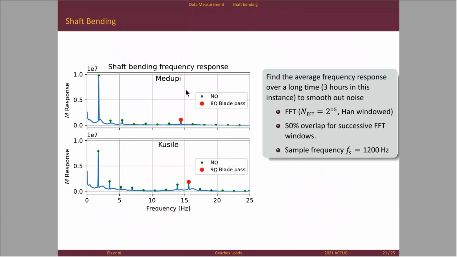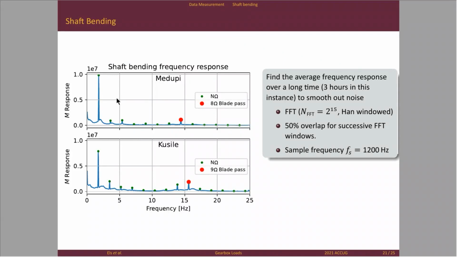Bending frequencies: Medupi is also on first blade pass, or first multiple, which means it is as the blades come along at the same place. So this means that it is basically a shaped load.